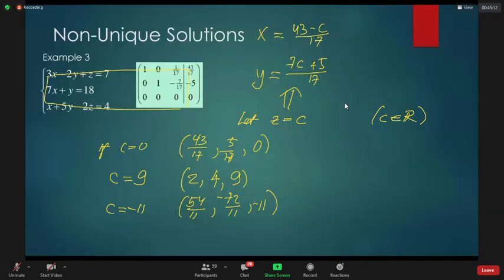In the question it is given: 7x plus y is equal to 18. Which means z is equal to 0 in that. Where do you have 0? Z equals 0, yes.